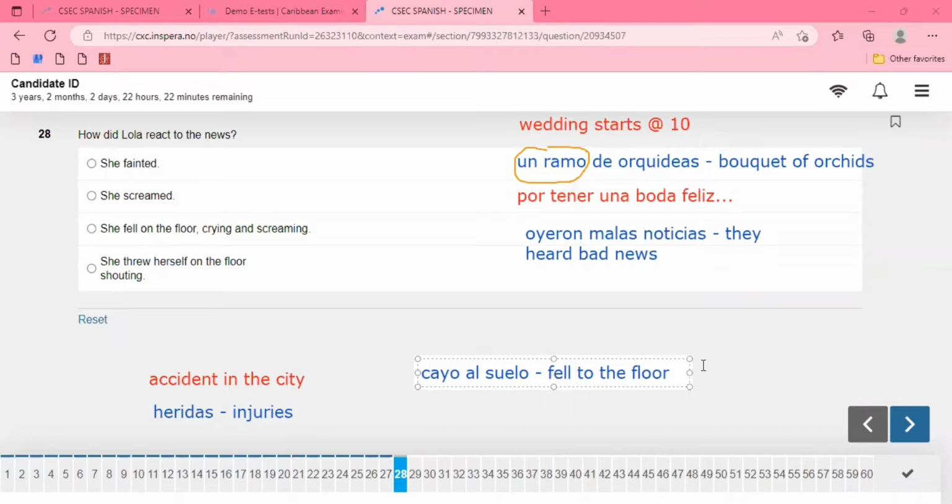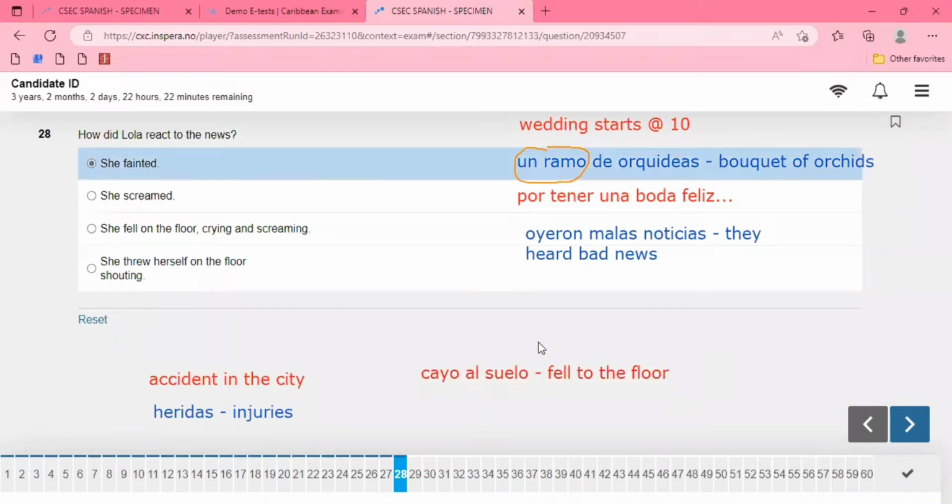She essentially fainted. And when we re-listen to this, we'll see if they mention screaming and crying, but she definitely fainted.